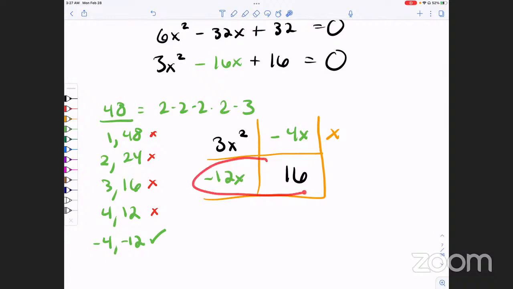If we look at the two on the bottom, what's the greatest common factor? Negative 4.